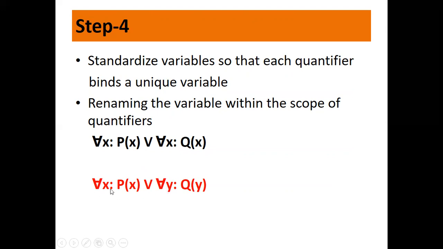So for all x, P(x), and for all y, this will be Q(y), right? This is nothing but standardizing the variable so that each quantifier has a unique variable associated with it. Because here you had the same variable, but here you have a different variable with each quantifier.